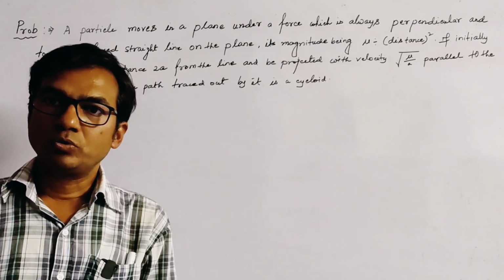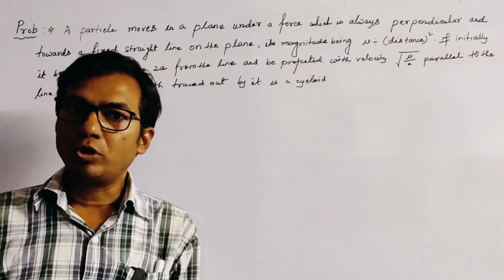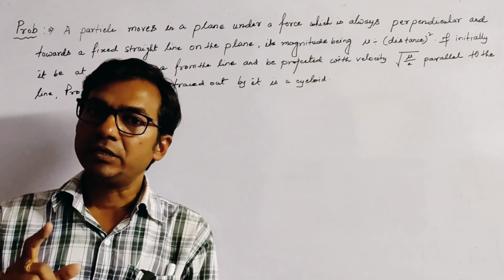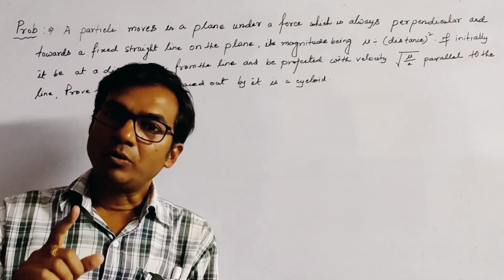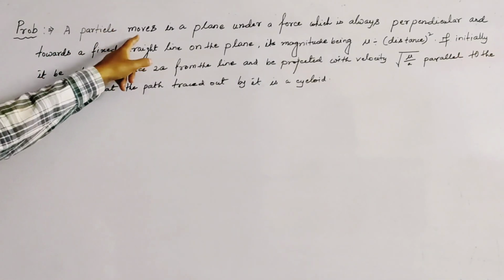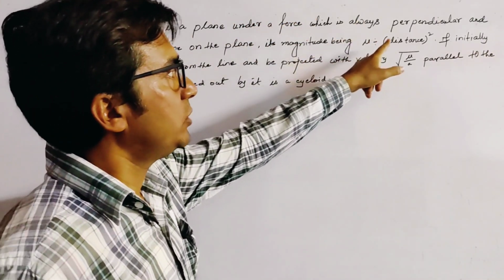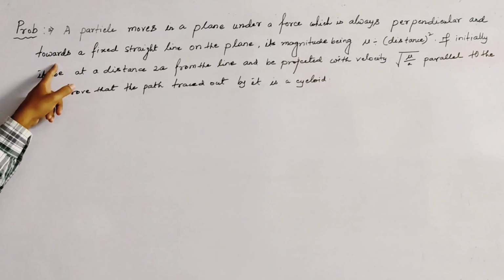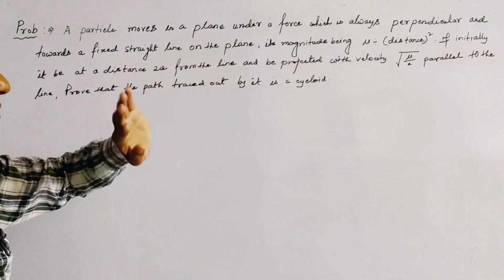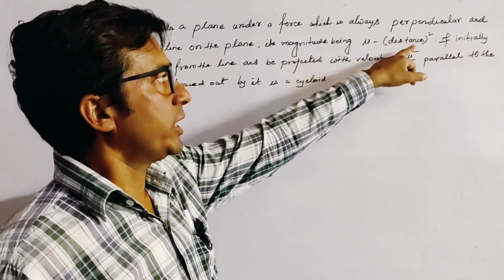In this class, we solve a problem of dynamics or mechanics from the chapter Motion in a Plane in Cartesian Coordinate. Now, the problem is: a particle moves in a plane under a force which is always perpendicular and towards a fixed straight line on the plane, its magnitude being mu by distance square.